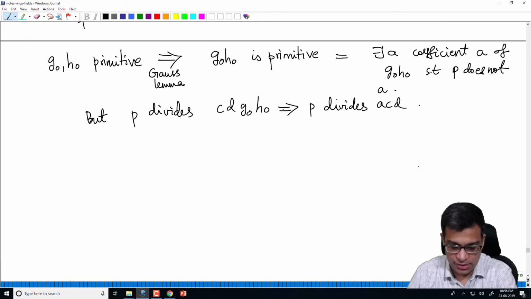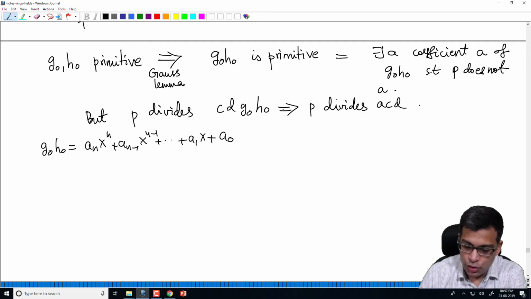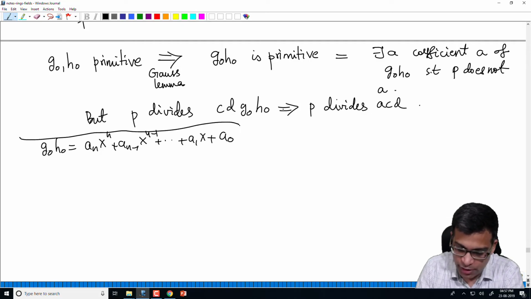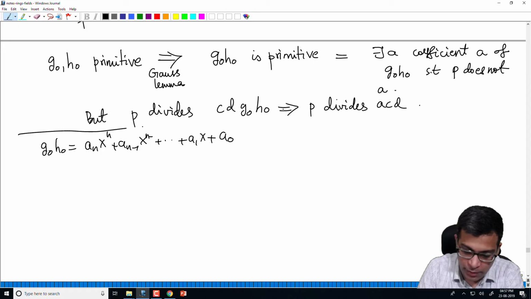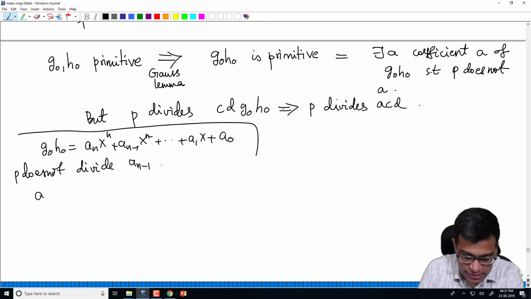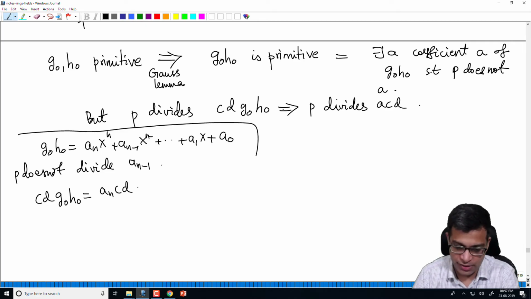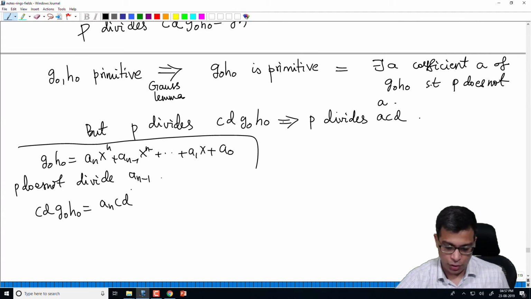Right? So what am I really saying? This is very easy. g0 h0 is something times x^n, a_(n-1) x^(n-1) and so on, a1 x, a0. One of these coefficients is not divisible by p. So let's say for simplicity that p does not divide a_(n-1). Then what is c d g0 h0? This is a_n c d x^n, a_(n-1) c d x^(n-1) and so on. c and d, remember, are integers, because we are really dealing with integer polynomials, so the contents are both integers.